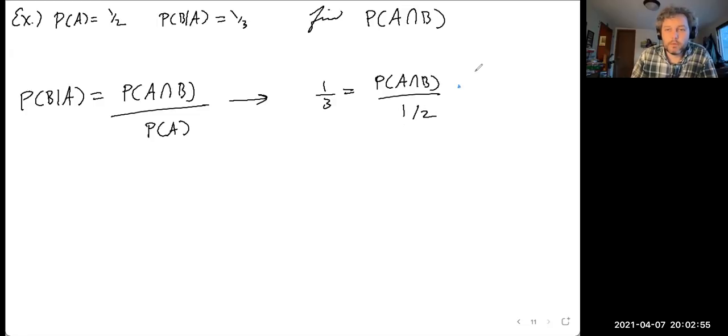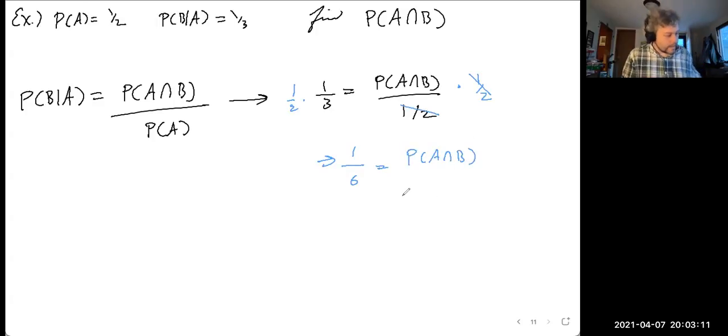So I will multiply both sides by 1/2. And so 1 times 1 is still 1, 2 times 3 is 6, and then these will reduce. So you will find the probability of A and B as 1/6. Not too bad. There's a lot of problems like that where you have to use algebra to solve for the missing piece. But that's pretty much it.